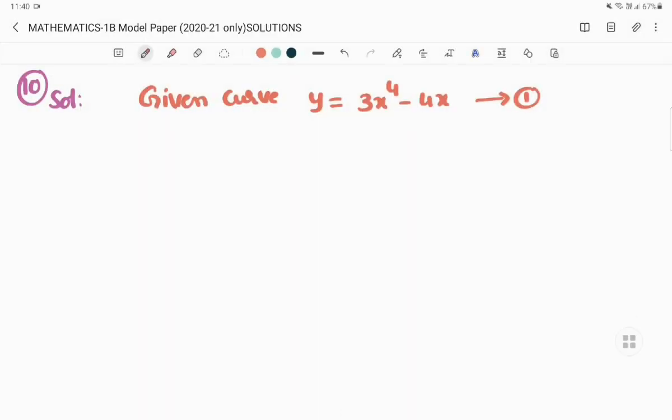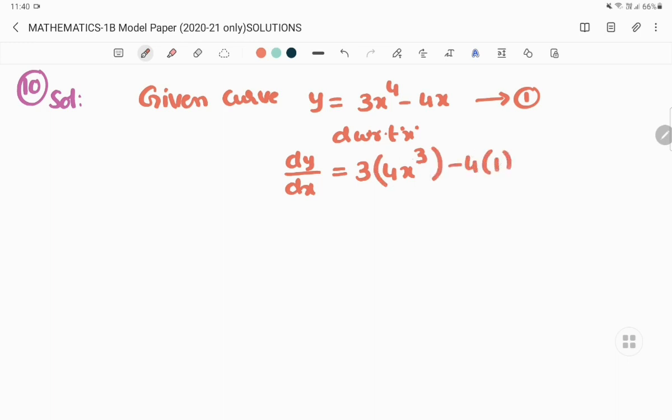They are asking the slope of the tangent. Differentiate with respect to x. So the derivative of y is dy by dx. 3 is a constant, d by dx of x power n is n into x power n minus 1. So 4 into x power 4 minus 1, minus 4 into d by dx of x, which is 1.